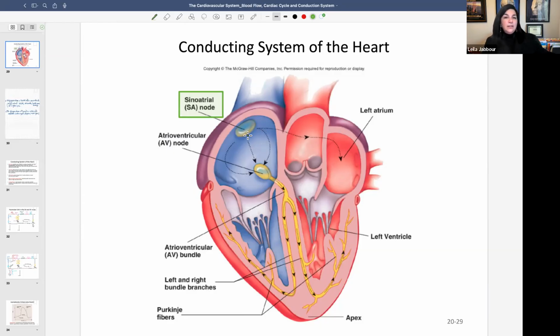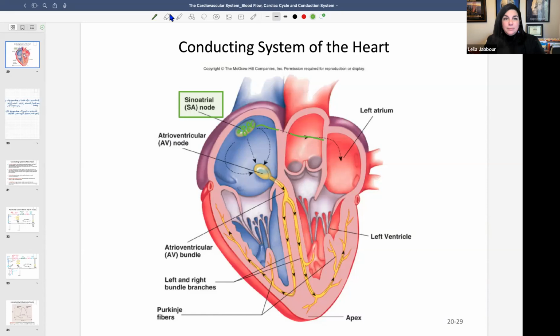These cells are your pacemaker cells, and they're all throughout here. I'm not going to draw them as little circles. That's okay. They also send branches.